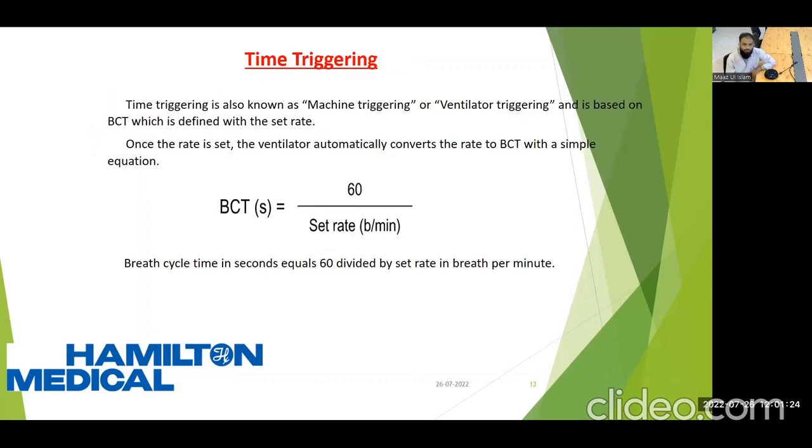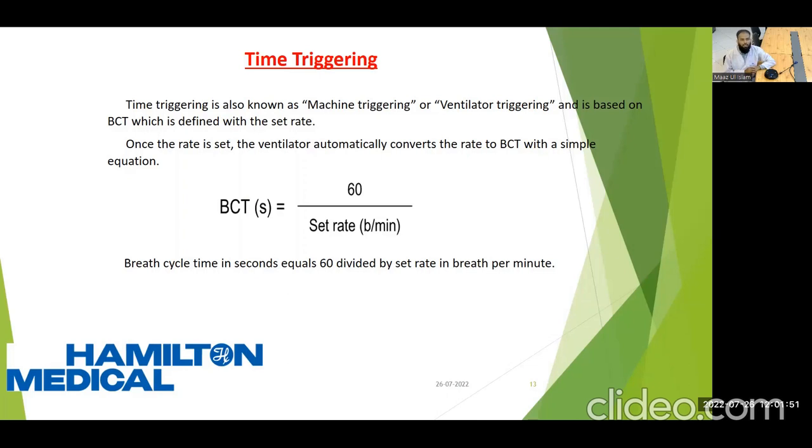Time triggering is also known as machine triggering or ventilator triggering, and is based on BCT, breath cycle time, which is defined by a set rate. When you set the respiratory rate, the ventilator automatically calculates the breath cycle time.